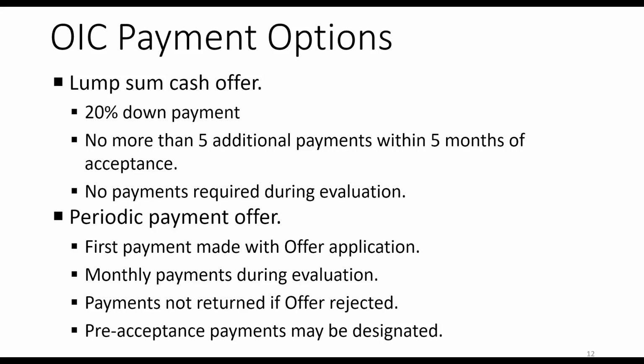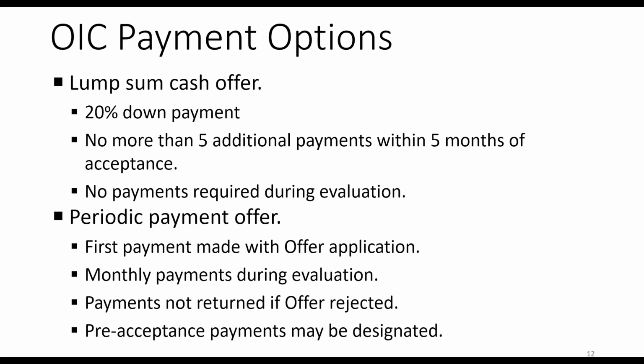But remember that the 20% down payment, if they don't accept the offer, is gone. It goes toward the liability. They get to apply it to the years they want, and then they just have to make sure they make those payments within the time frame.